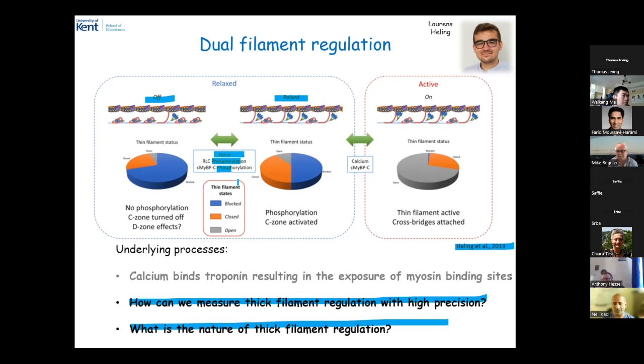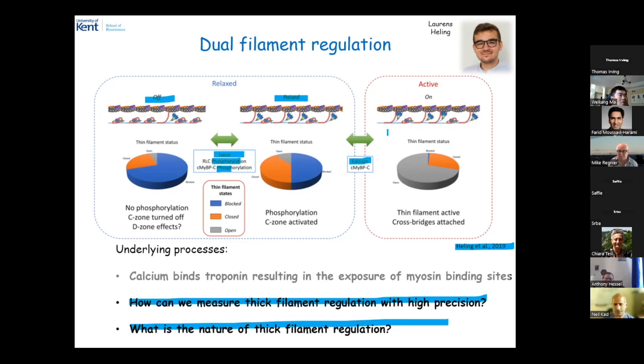What I mean by poised is, as we've heard earlier from Wei Kong and from Safi also, that we're trying to increase the number of heads that may be able to interact with the thin filament, so that when calcium comes along, we then go into the active state, and that modulates the amount of force experienced.